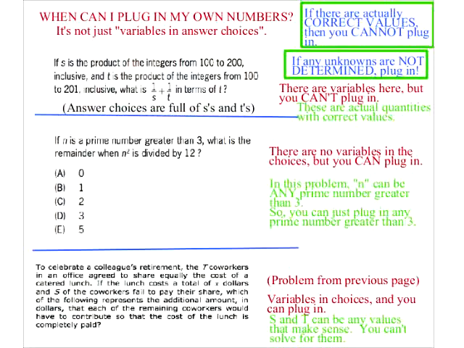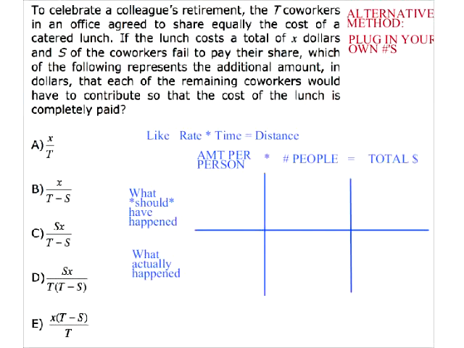So let's look. Let's plug in your own numbers here, because the reason why that works is because the numbers are not actually determined in the problem. In other words, there's no correct answer.